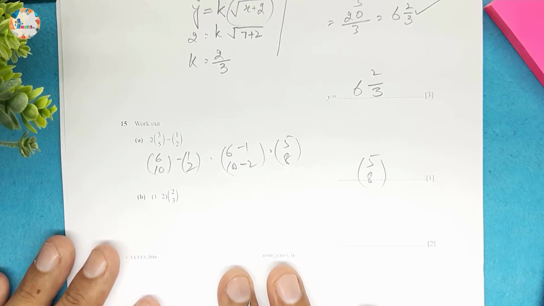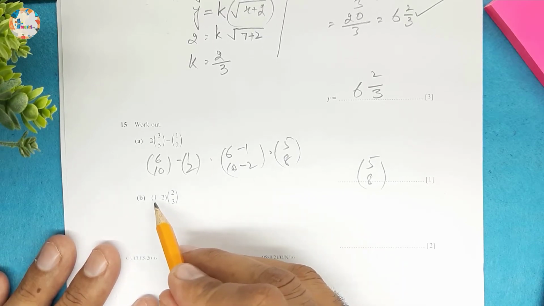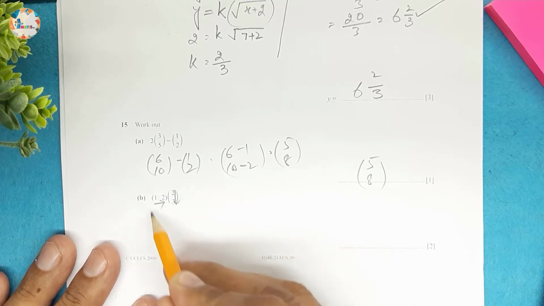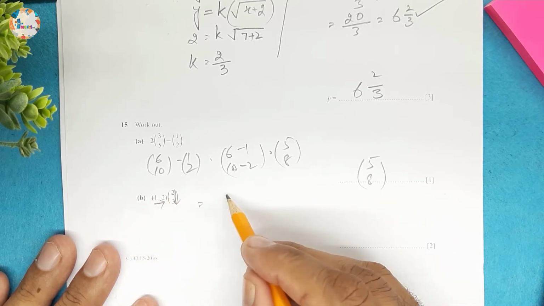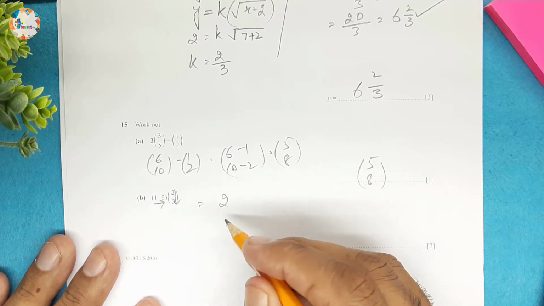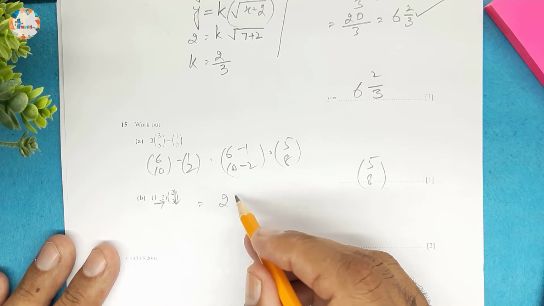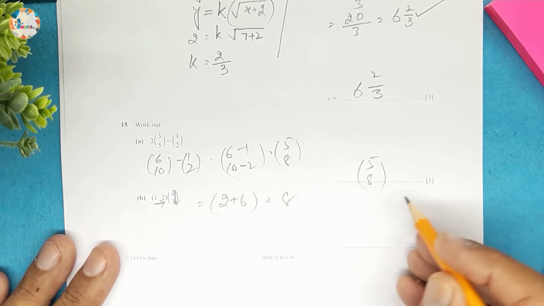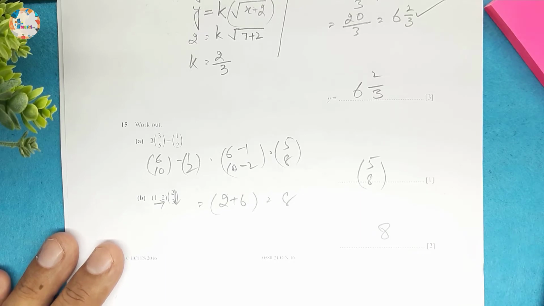Then for the b part, 1 and 2, we have to multiply this row with the first column. So 1 into 2 will be 2, and 2 into 3 will be 6, so plus 6, this will be equal to 8. So our answer will be equal to 8.